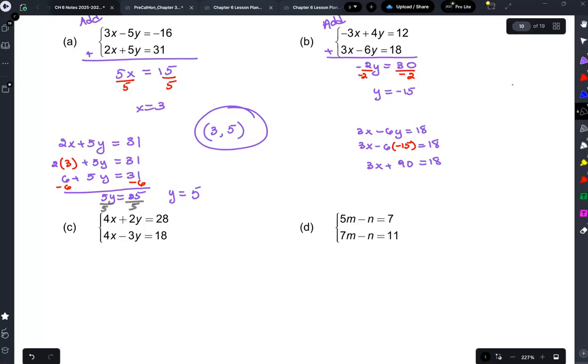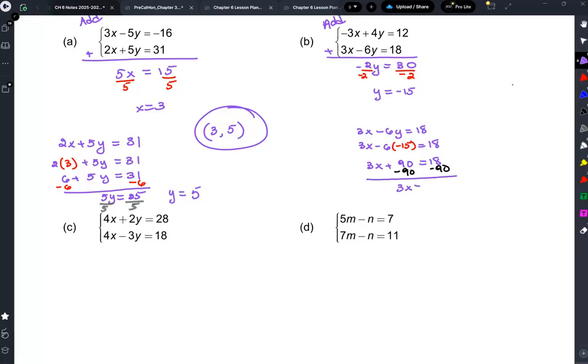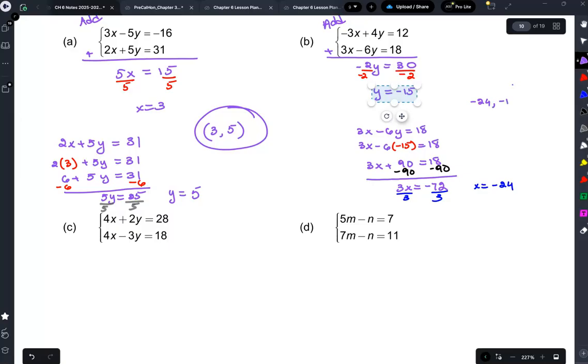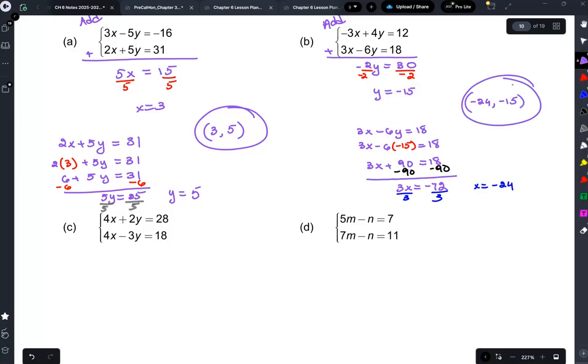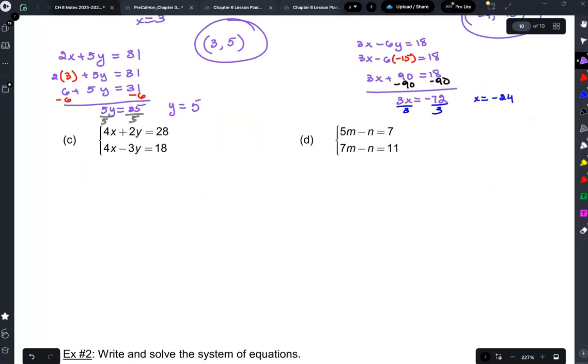Then I subtract 90. 3x is negative 72. Divide by 3. X is negative 24. So I get negative 24, negative 15. Okay? All right, let's do another one, and then you'll have another opportunity to do one on your own.